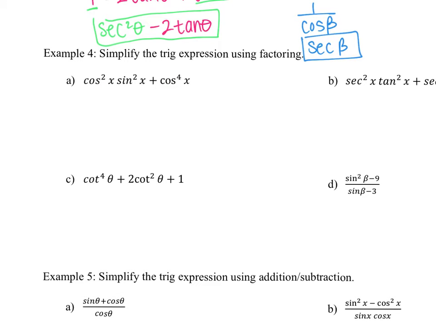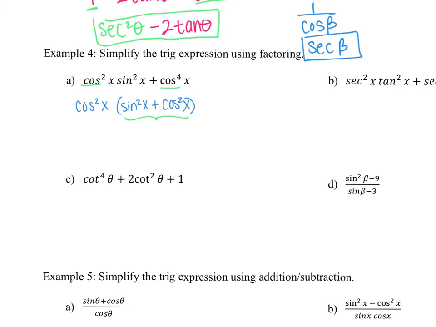Since they both have cosine, I'm going to take out the smallest exponent, in this case the square. If I take out cosine squared, this term only has sine squared left, and the other one would just have a cosine squared, because if I redistribute cosine squared times cosine squared, it gives me cosine to the 4th power. Now when I do this, I notice something significant.